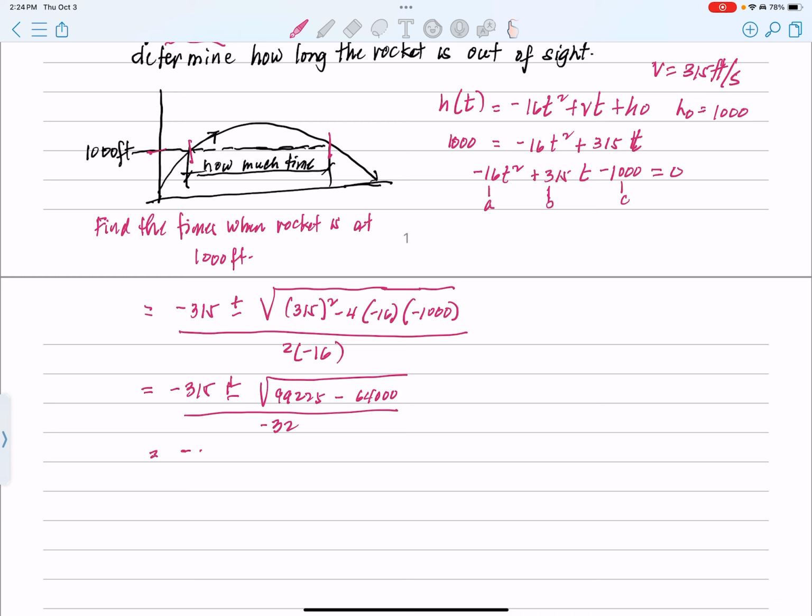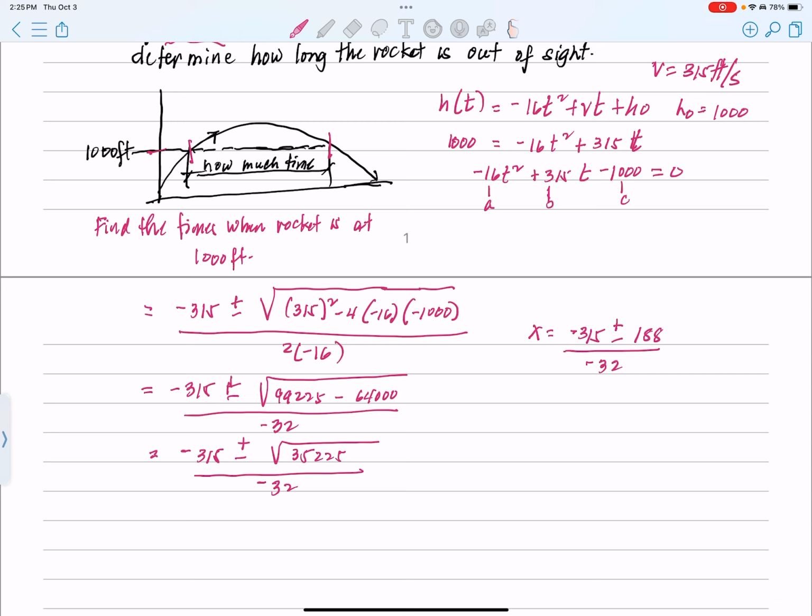When you subtract 99,225 minus 64,000, that is 35,225 over negative 32. So t would be negative 315 plus and minus 188, the square root of 35,225, I round that off. Okay.